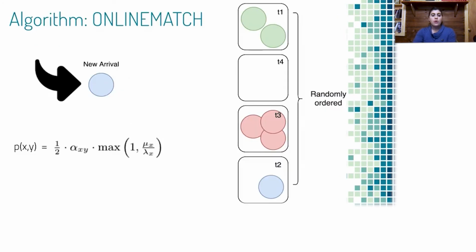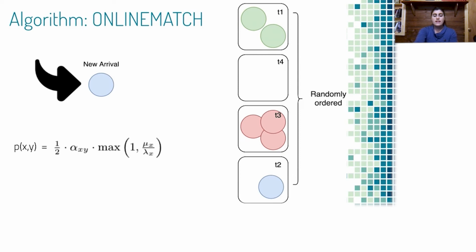Okay, so once we have that solution, I'll now describe how we use it in order to form our online match algorithm. So note here I've written out this P XY, which is a probability that we're going to use in this algorithm, and it includes this alpha in it. So say we have this new arrival. We're going to randomly permute the types. So see here we have T1, T4, T3, T2.